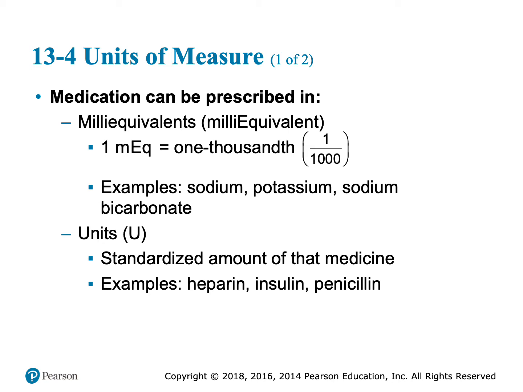All of these are commonly prescribed in milliequivalents. And then a unit is a standardized amount needed to produce a certain desired effect of a medication. Units are used to prescribe medications such as heparin, insulin, penicillin, and epinephrine, as we discussed before.